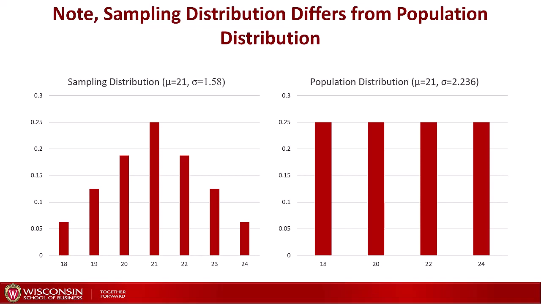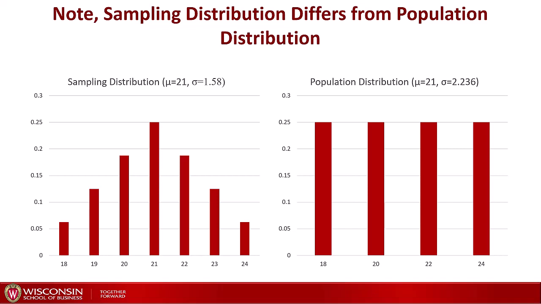If we turn our attention over to the population distribution, we can see that the mean is still 21, but the standard deviation is now 2.2. Importantly, if we draw from the population one at a time, getting an individual that is 18, 20, 22, or 24 are all equally likely outcomes with a probability of 0.25.